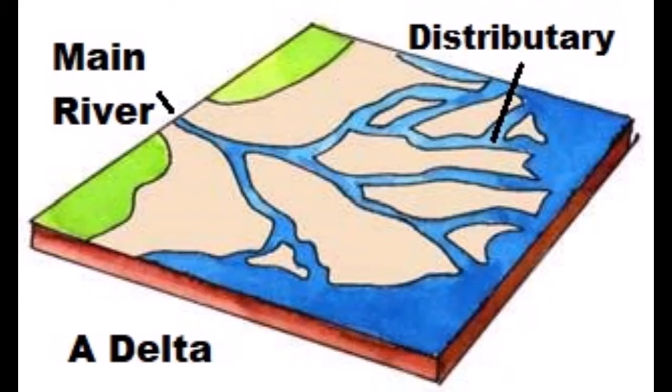The river becomes so slow that it begins to deposit its load. Each distributary forms its own mouth. The collection of sediments from all the mouths forms a delta. The delta formed by the Ganga and Brahmaputra rivers is the largest in the world.